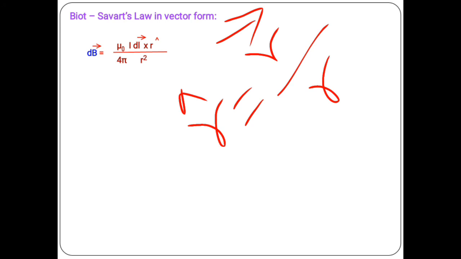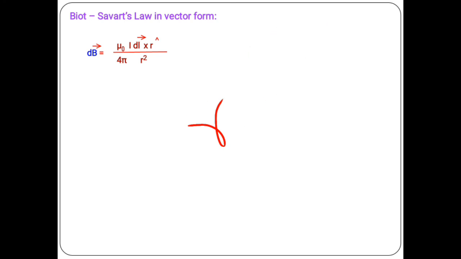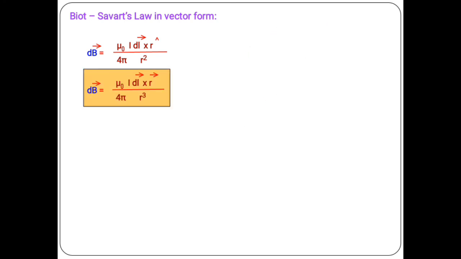So substitute the r cap. Replacing, we can write dB vector equal to mu naught by 4 pi I into dl vector cross r vector by r cube. Now substitute r vector equal to r into r cap.